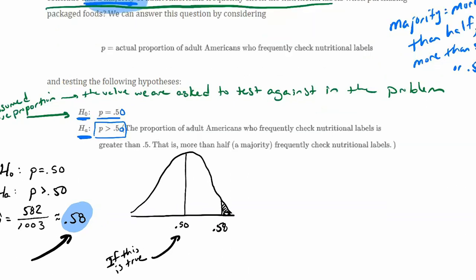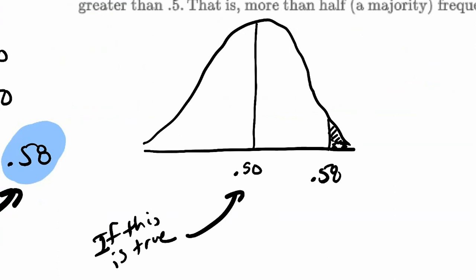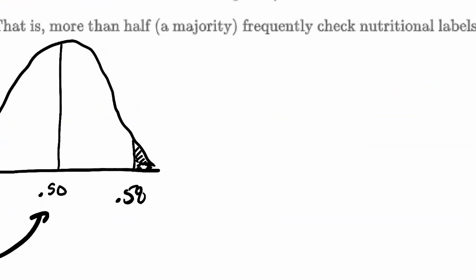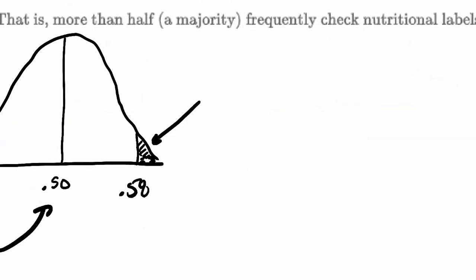If 50% is true, what's the likelihood that a random sample of 1,003 people would come back with a proportion of 58% or more? That's what we're looking for. And the idea is if this proportion is so low that it wouldn't likely occur, we say, look, this value is probably not correct, and we reject our null hypothesis in favor of the alternative.